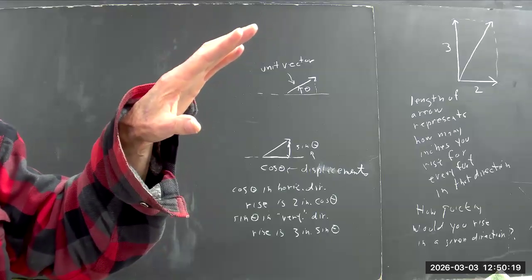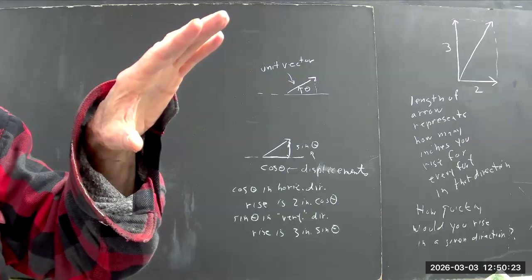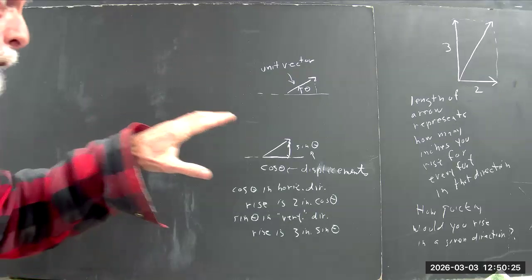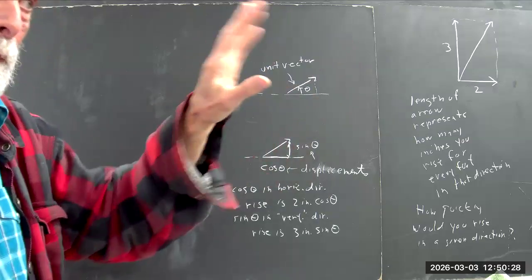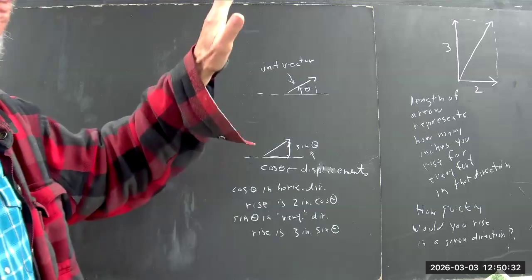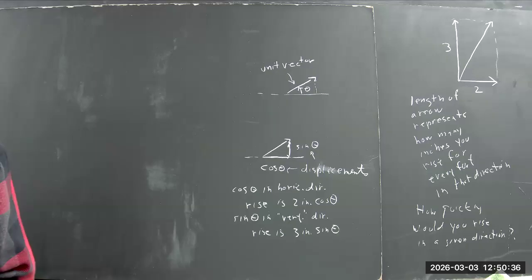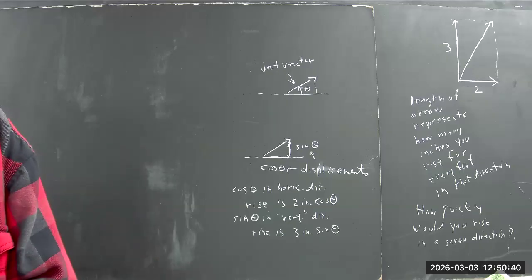Your cosine is going to be about 0.3 or 0.4, and you're going to get 2 inches for every bit of cosine you have. You're still going to get most of your 3 inches because your sine hasn't changed much. Does that make sense? You should really think about that until it does.